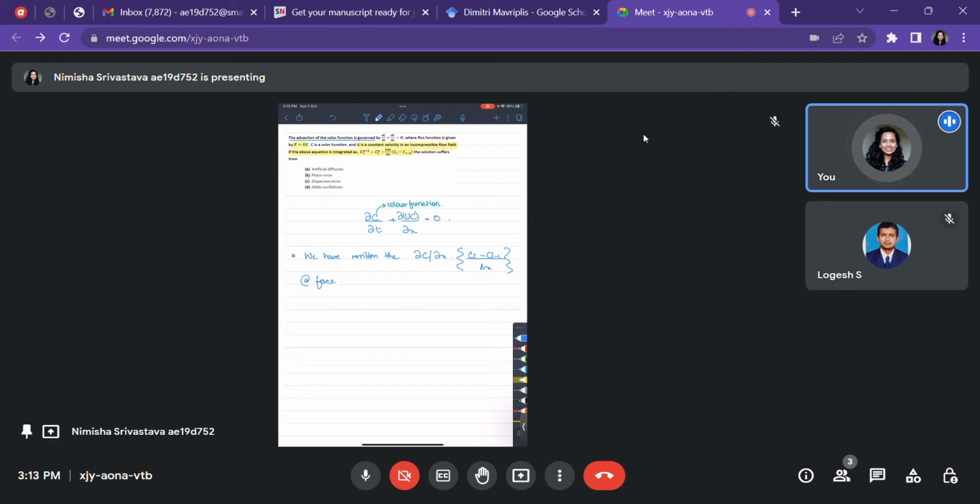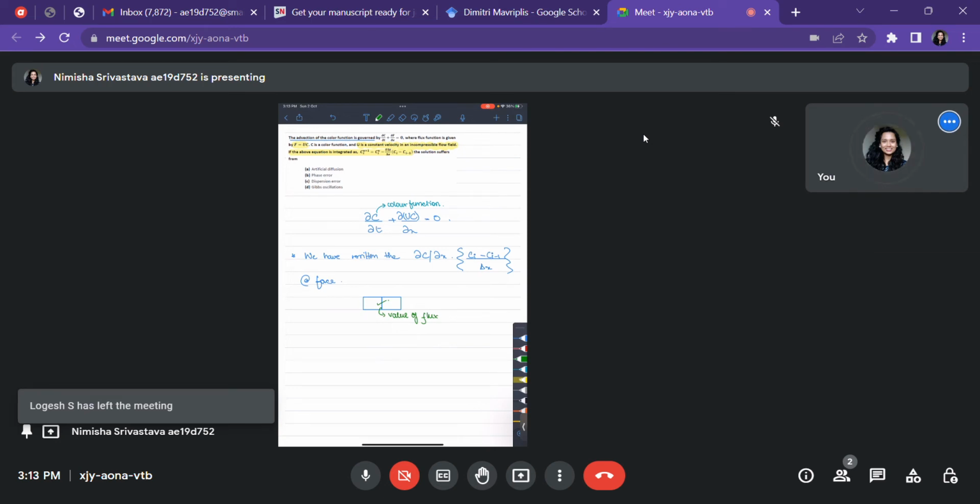So when you have two cells, let's just make two cells. These are two neighboring cells, and we need to find out the value of the flux at the interface, at the face. So this cell is I, and this cell is I minus 1.